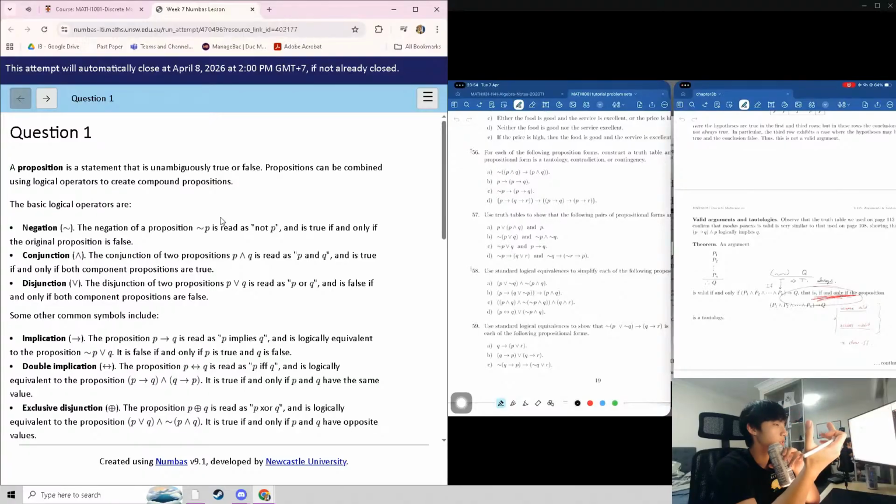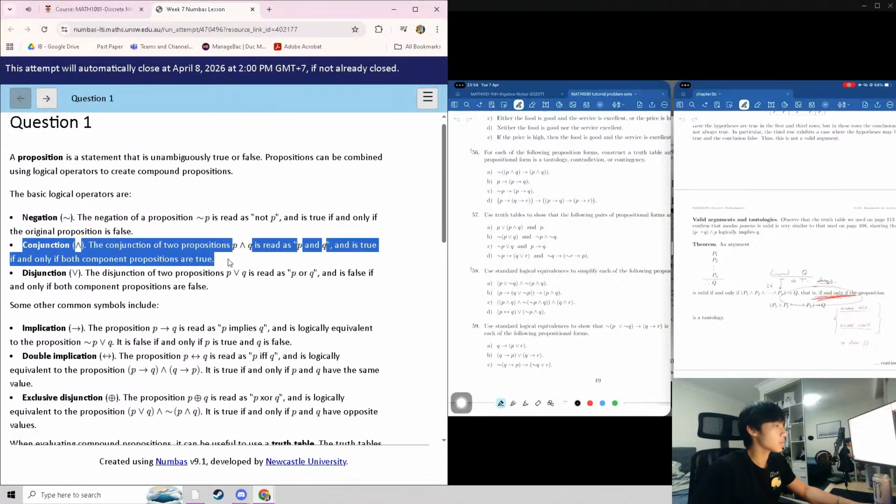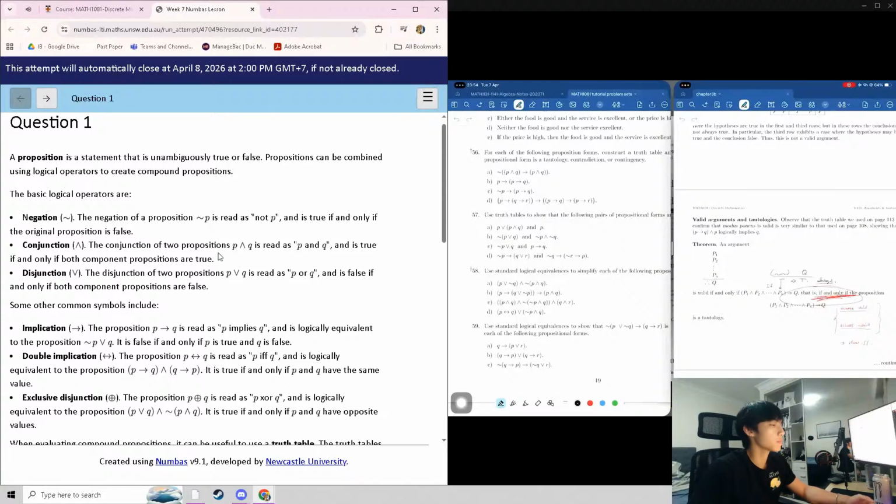So if the proposition is something about P, and that something about P is false, that means the negation is true. The conjunction of two propositions, P and Q, is read as P and Q. It is true if and only if both component propositions are true. So P true, Q true, then P and Q is true.